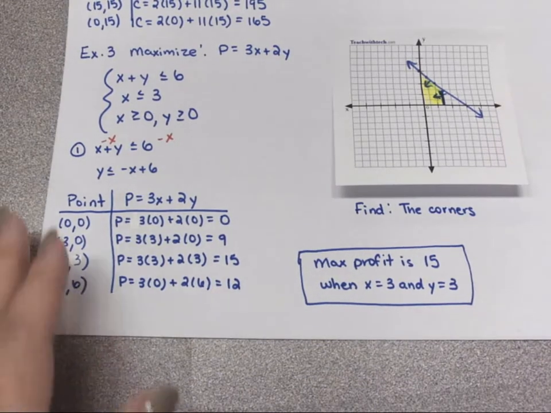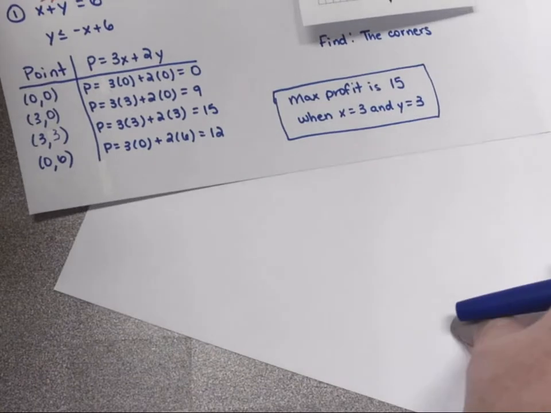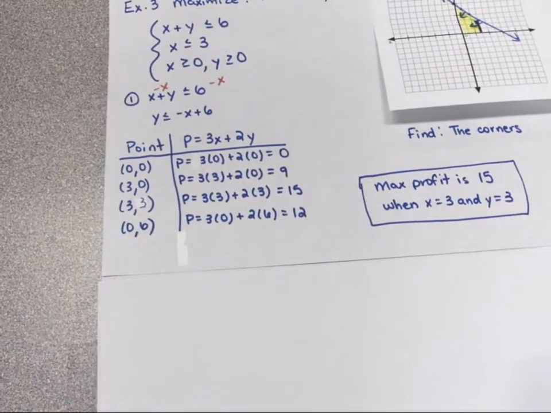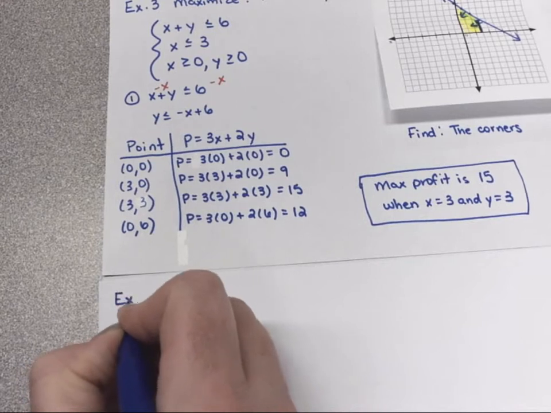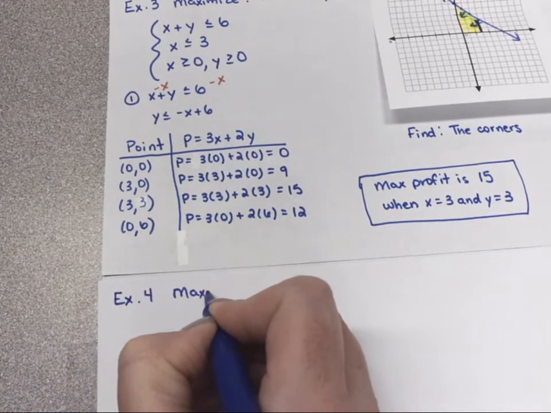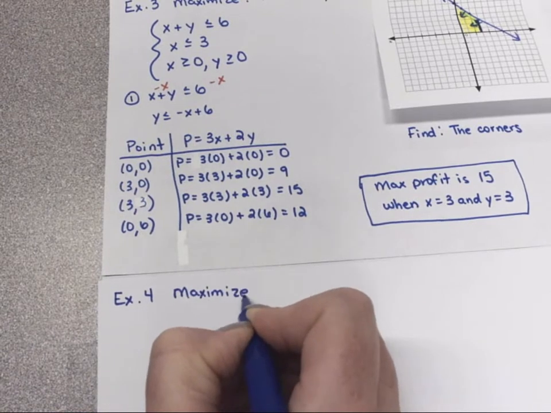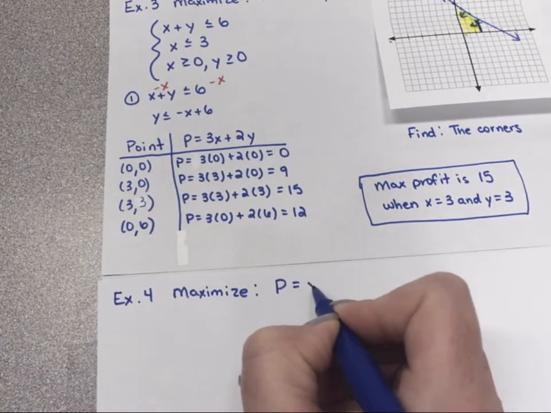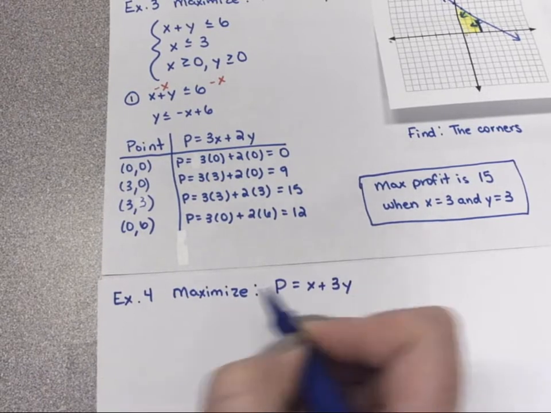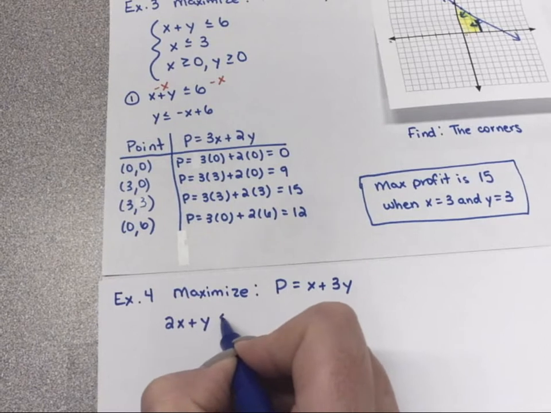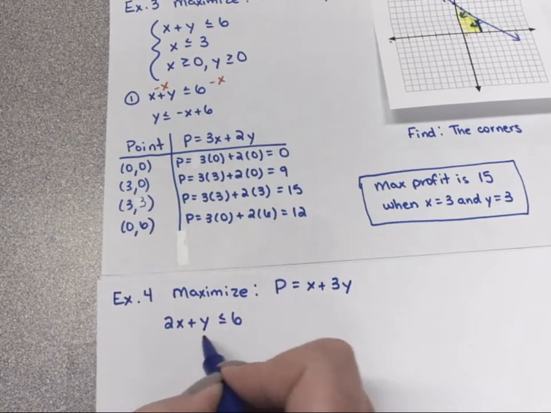Okay, so let's look at one more maximizing profit, and then we'll look at a minimize question. So let's say that I want you to maximize the following profit equation, but you're subject to these restrictions. 2x plus y has to stay less than or equal to 6.